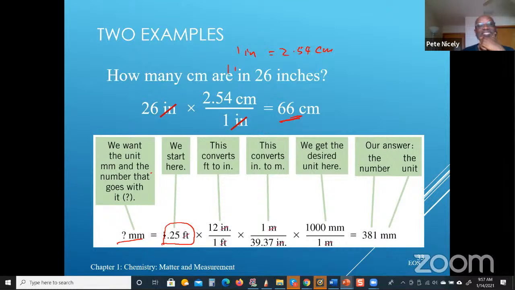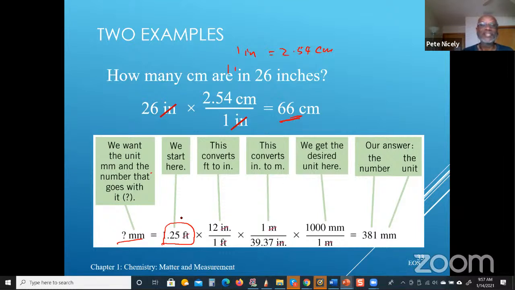So in this case, it's not as simple as the previous one because in the previous example, we only needed one conversion factor. In this example, you actually need to use a series of conversion factors to go from feet to millimeters, because one would not expect you to find any direct relationship in any handout like the one I provided between the feet unit and the millimeter unit, right?